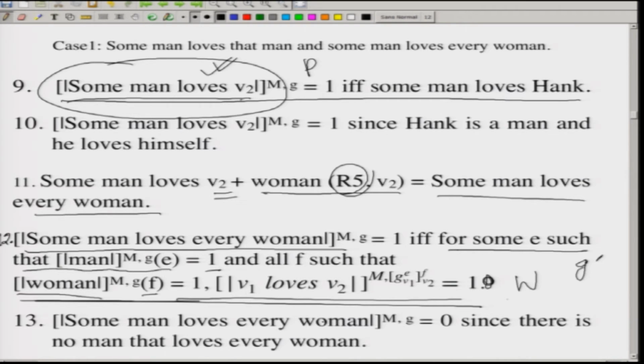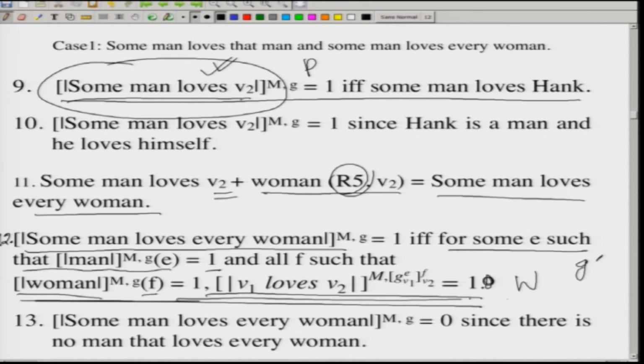That is, it is looking for some e which is a man such that all f, when f is a woman, every f when f is a woman would be such that V1 would love V2. So once again I am not explaining it because I already did that. I am simply showing it.